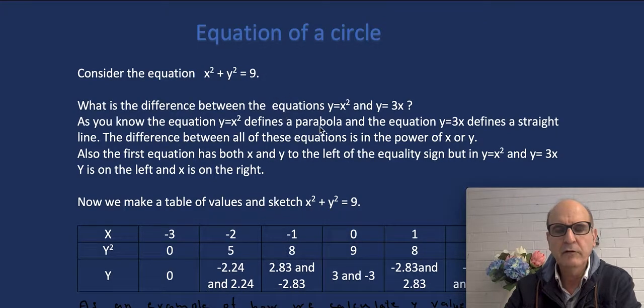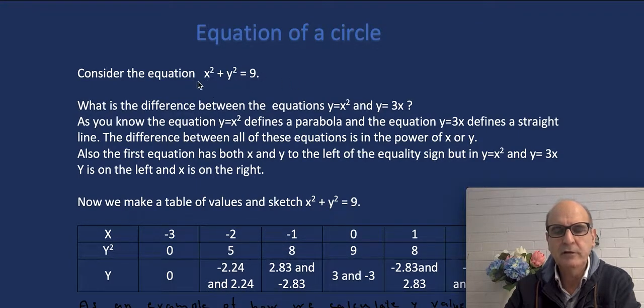First of all, what is the difference between this equation and this one and this one? The first thing you would notice here, y is the subject. In other words, y is on its own on the left hand side, both in this one and in this one. But we don't have that case here.